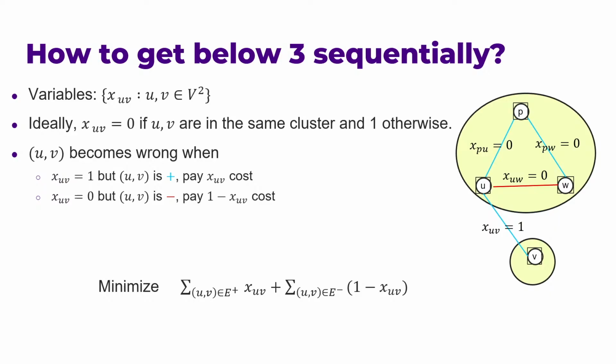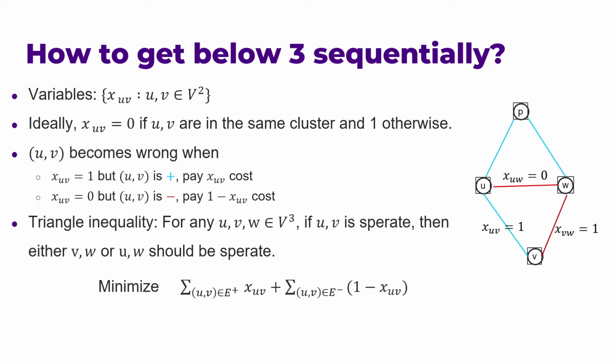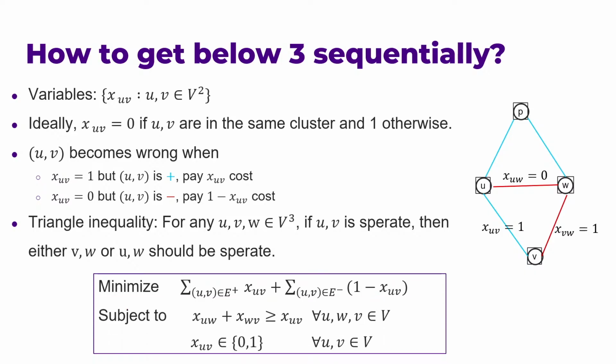So what is the constraint for this algorithm here? The constraint, we call it the triangle inequality. If you treat this x as a distance, then for every triple, we require x_uw plus x_vw, the sum of the distances to the third node, to be greater than or equal to the distance x_uv itself. So this is the triangle inequality here. Why is this true? Whenever this distance x_uv is 0, this constraint won't matter.